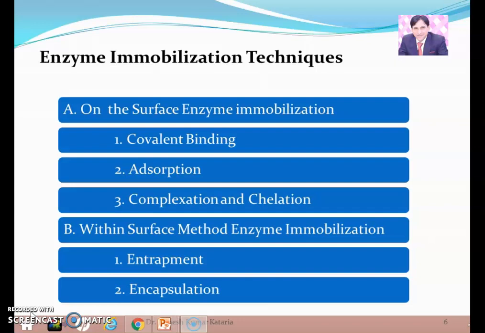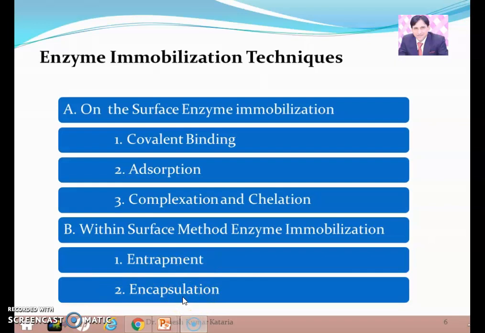On the surface enzyme immobilization, there are further three types of methods that can be used to immobilize. Number one, covalent binding. Number two, adsorption. Number three, complexation and chelation. Within surface enzyme immobilization can be further classified into two parts, either entrapment of enzyme or encapsulation of enzyme.